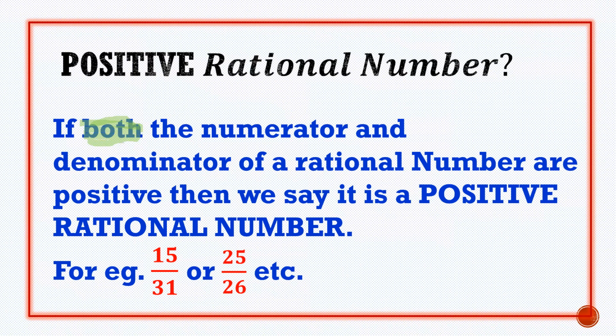If both the numerator and denominator are positive, then the rational number is said to be positive. For example, 15 over 31 or 25 over 26, where both the numerator and denominator are positive numbers. So it is a positive rational number.